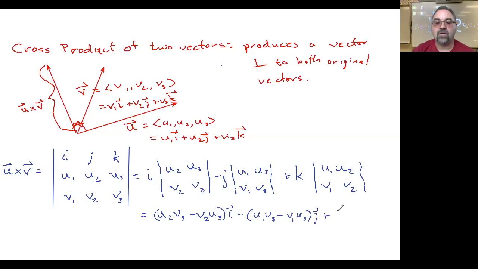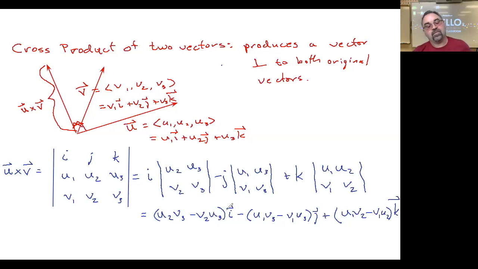And then the K vector coefficient is U1, V2 minus V1, U2 K vector, like so. So whatever those numbers turn out to be, those will be the coefficients for the I, J, and K vector.